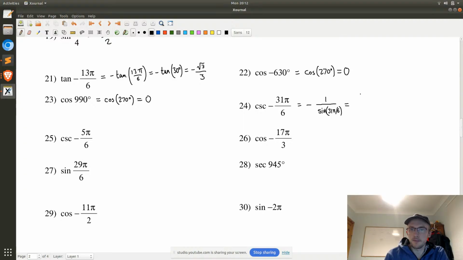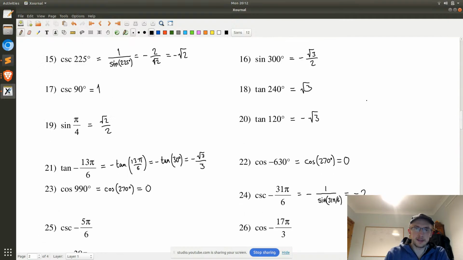Sine of 31 pi over 6 is the same as sine of pi over 6. The sine of pi over 6 is the same as 30 degrees. And sine of 30 degrees is a half. So 1 over a half, so negative 2.